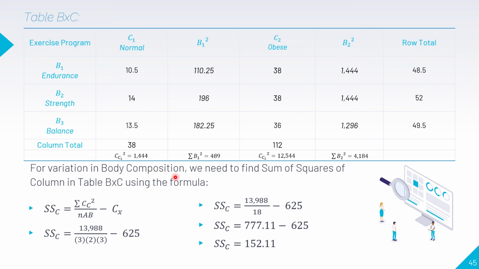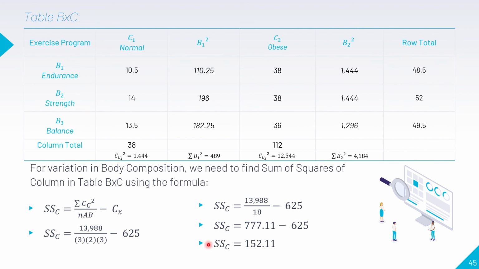For variation in body composition, we need to find the sum of squares of column in table B by C using the formula, this one. So we need to use the B by C. Let's find the summation of CC squared over NAB. So the summation of C in the C squared, we have this one, CC squared, and in the sub 2, so let's just add these 2, and we have 13,988 over N is 3, A is B, or B is 3.